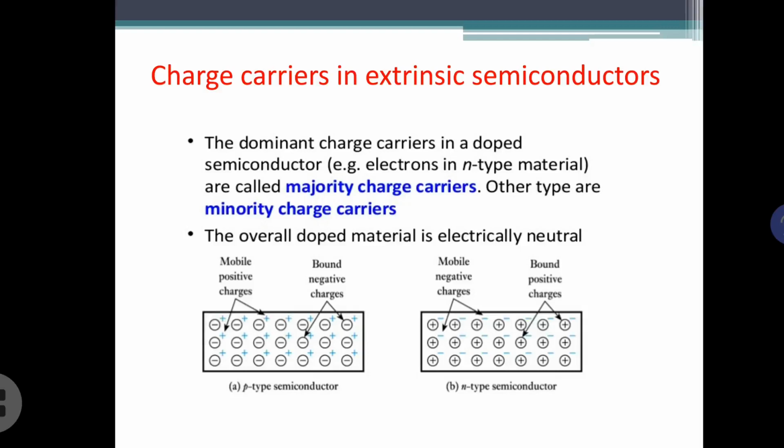Clear? Similarly in the p-type semiconductor, the hole created is actually a vacancy of an electron. The trivalent impurity atom which we added was actually a neutral one, right? So we didn't take out any electron from the material, or introduce any new electron. So as a whole, the total charge of the semiconductor will be 0. Whether it is extrinsic or intrinsic, semiconductors are electrically neutral. A very important point to keep in mind.